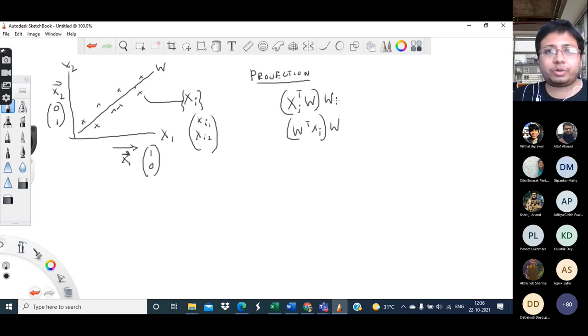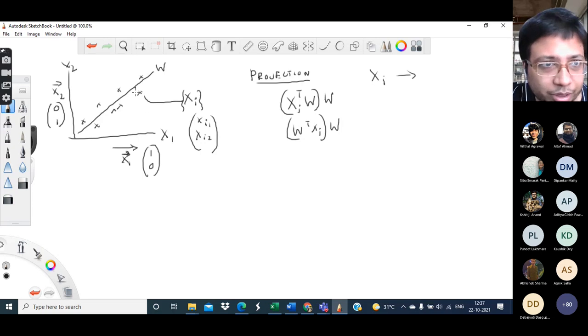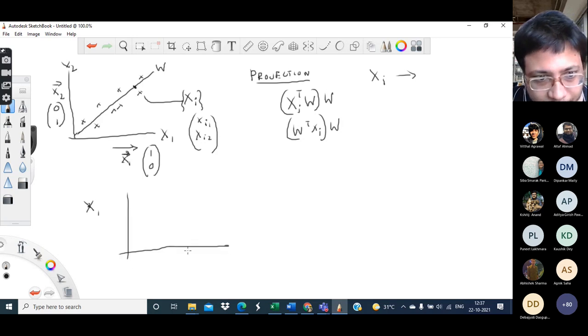So initially you had xi, and after you project it onto W, its projection becomes just this length along the direction of W. Why is that so? Consider the geometry of the thing first.